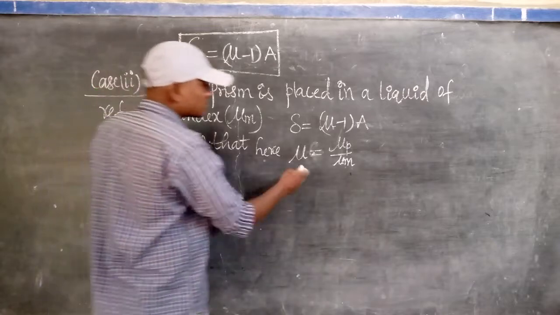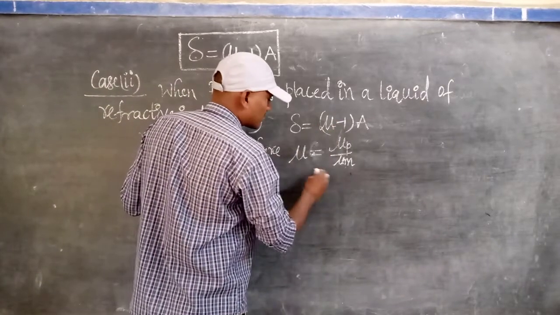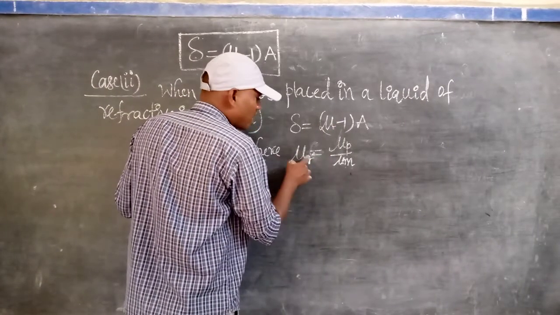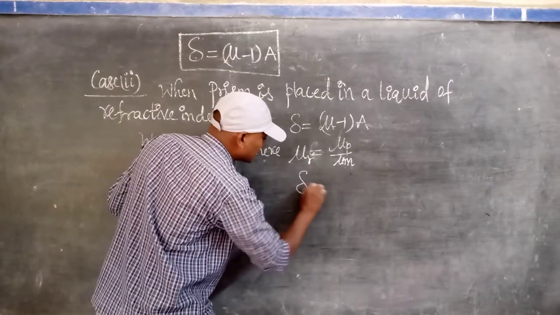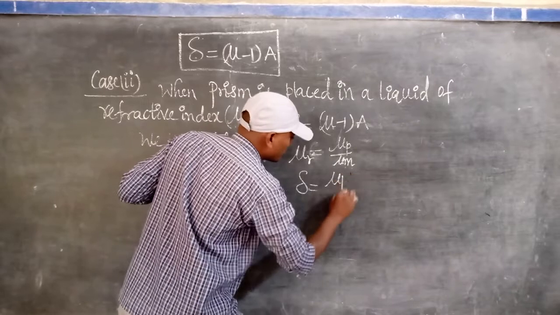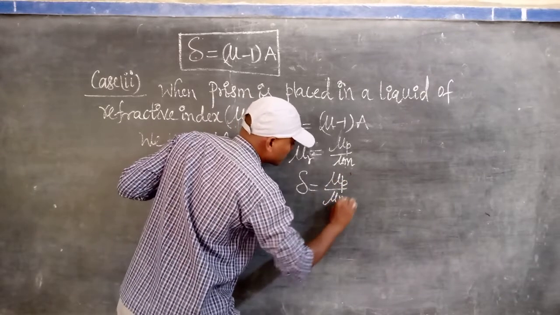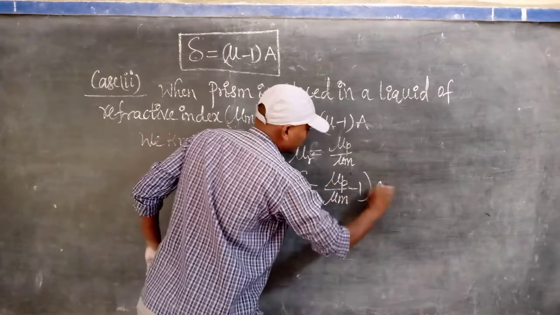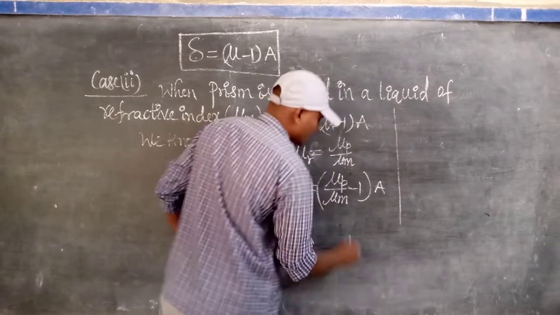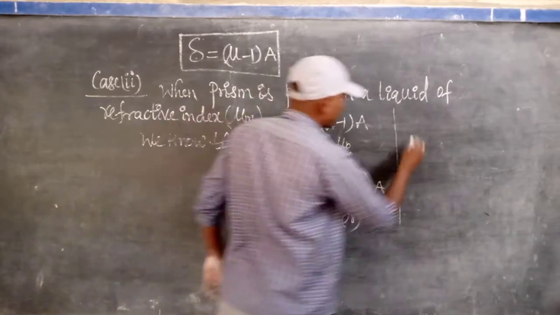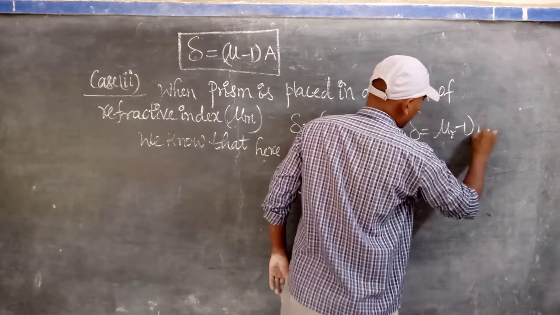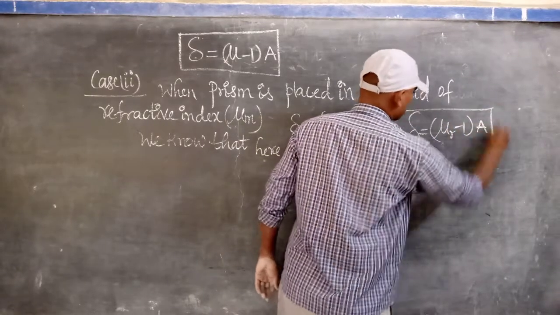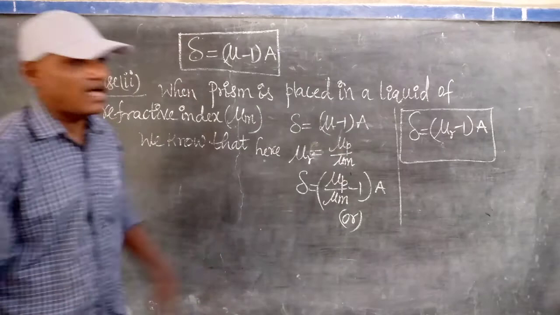So this is substituted here. Mu r means relative refractive index. That's why small delta is equal to mu p upon mu m minus 1 into A. Or you can write small delta is equal to mu r minus 1 into A, simply adding the r.